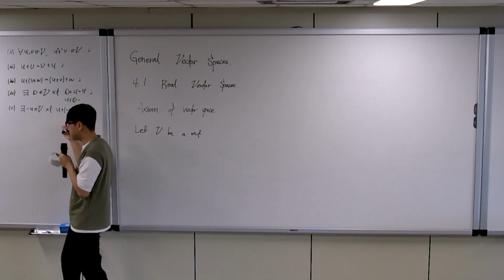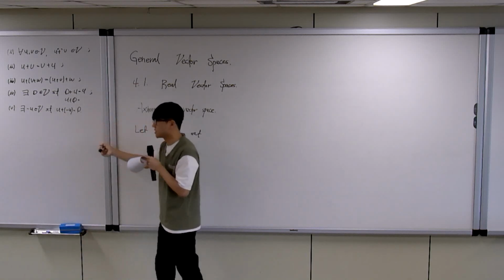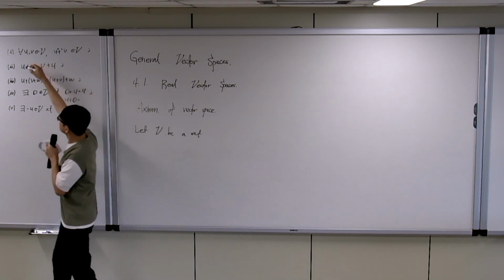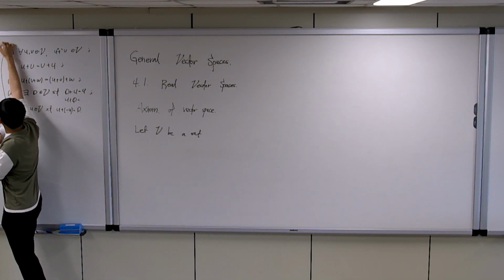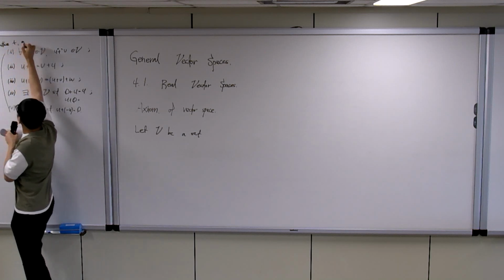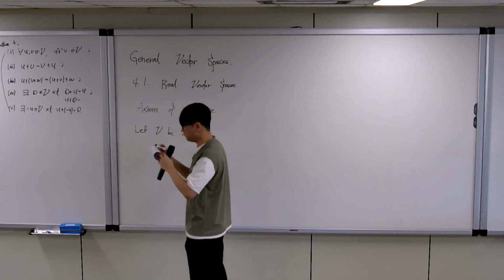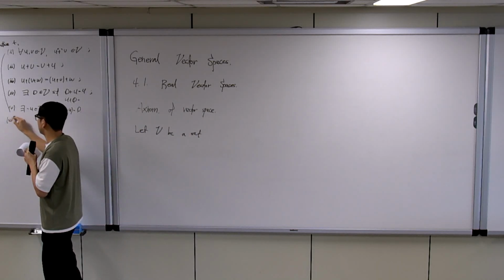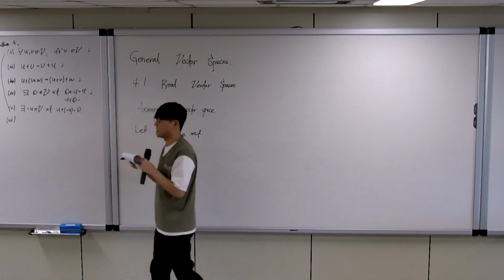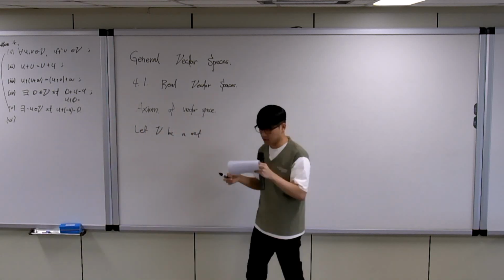If V has these elements, then we say this is the additive inverse for that operator. And also we defined the scalar multiplication.